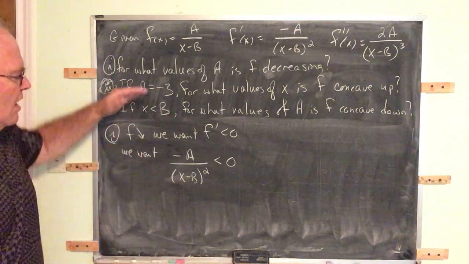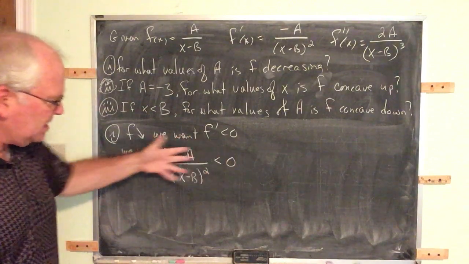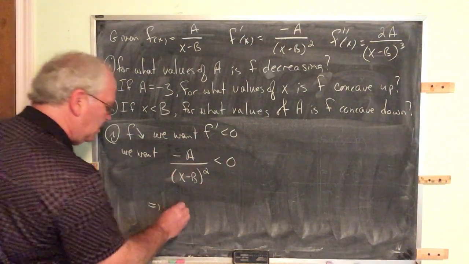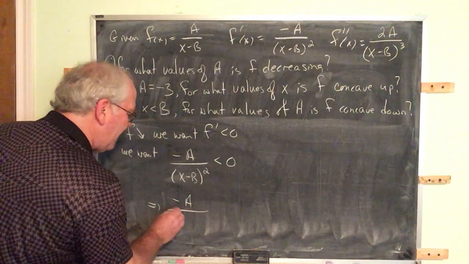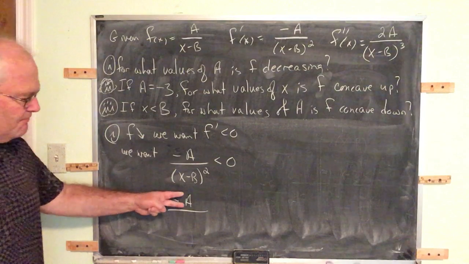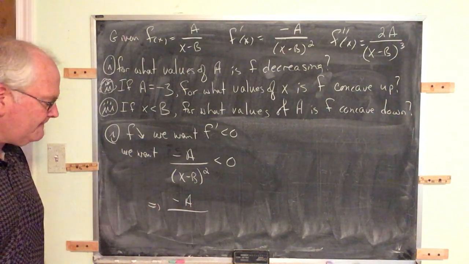And our requirement is to find the values of a which make this expression true. What we do know, and we'll just conceptualize this, we have negative a, which may be positive or negative depending upon the particular value we choose for a.